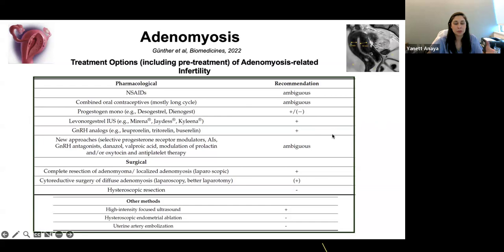So as far as pre-treatment, I think it's a little more ambiguous. There are a good amount of studies with the use of a progesterone intrauterine device for suppression, for about 2 to 3 months prior to fertility treatment.